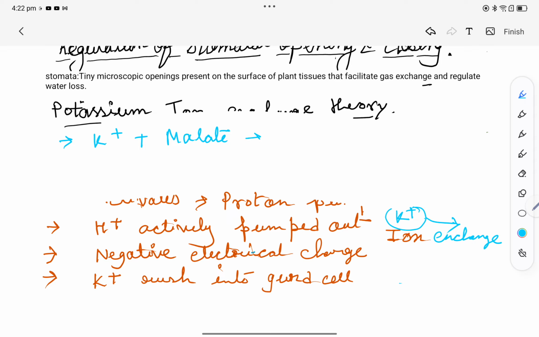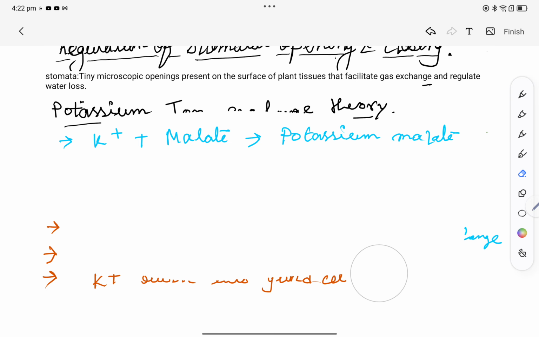Now they will form potassium malate. Now this potassium malate does what? They reduce the water potential.